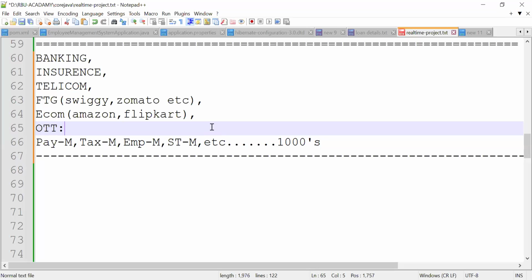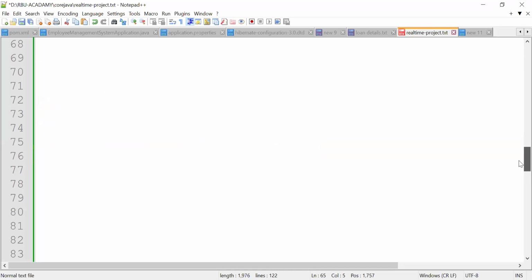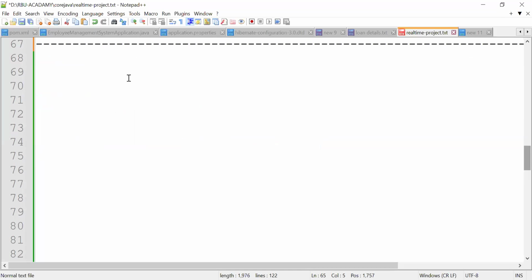For every platform, there will be regulations that we should follow. Okay, so once we pick up an application or a domain, we can start doing analysis on it. We'll collect the requirements, then we can start implementation.